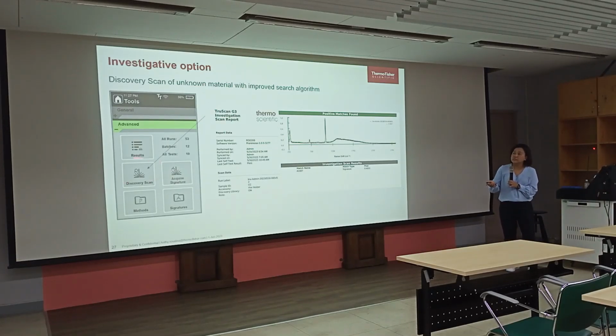Now you can use this discovery scan function, scan your sample, and once you scan it, you will get a spectra. The instrument will check through the whole list from your factory library and your user created library, and then it will show which materials it matches.